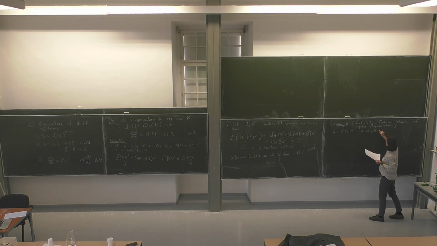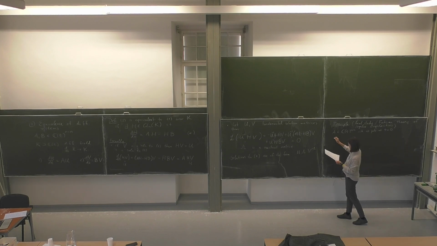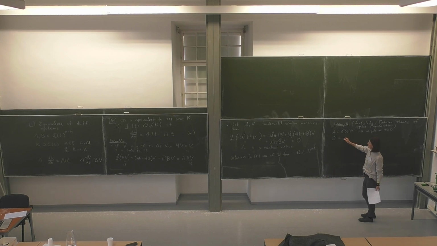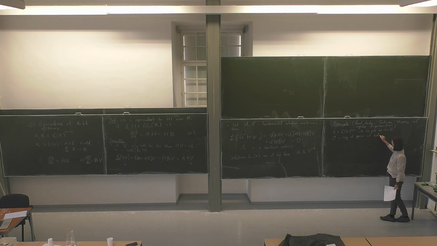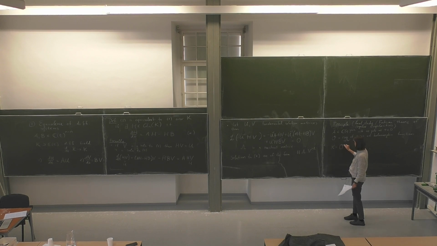No pole at t equals 0. So let O be the ring of germs of holomorphic functions at 0, and K be the field of germs of meromorphic functions near 0. So we just add 1 over t.